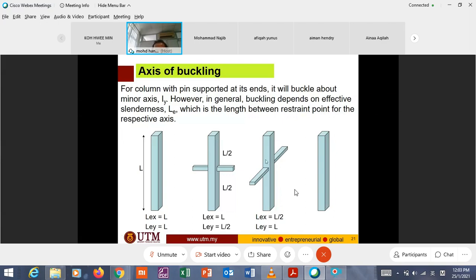Okay. In this case, the restraint is about the major axis. Therefore, for the major axis, LEX equals L over 2, and this becomes strong.